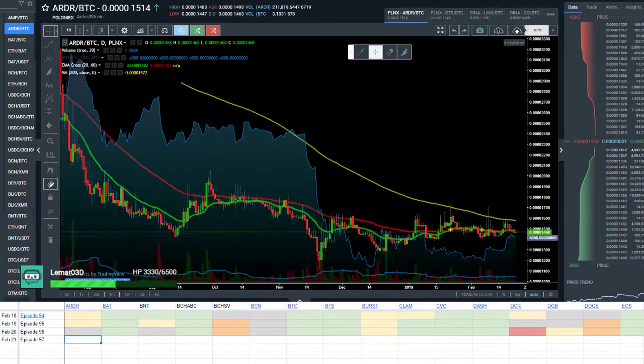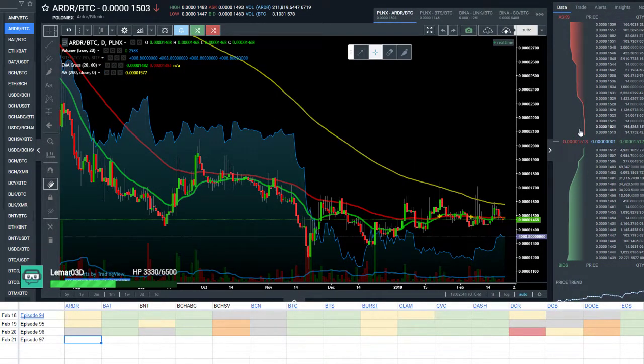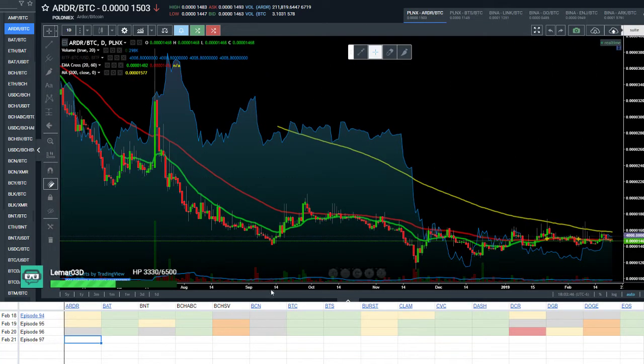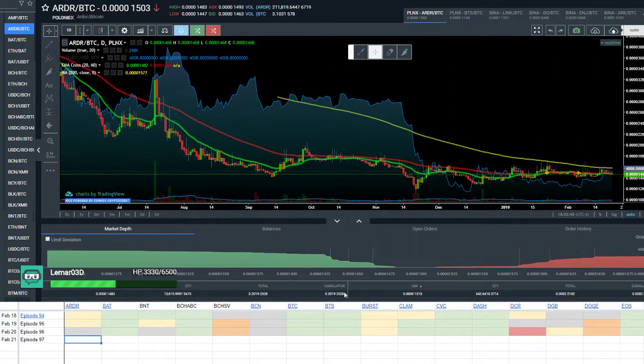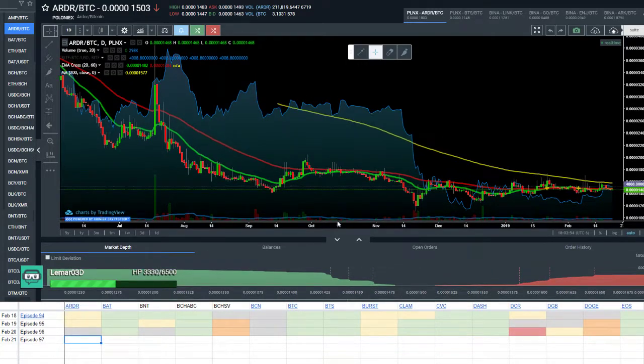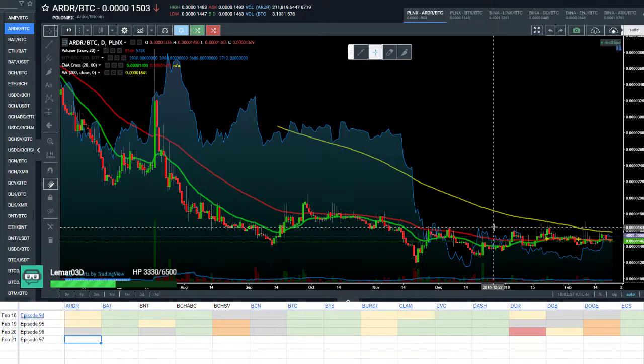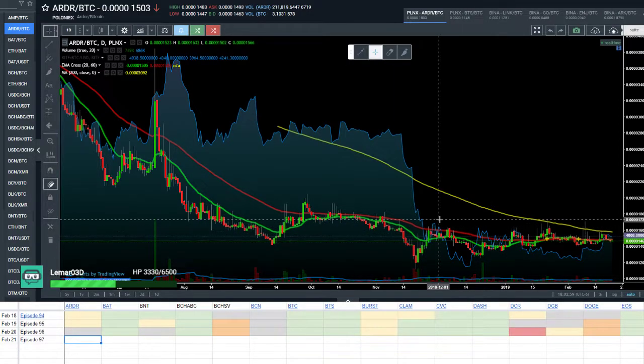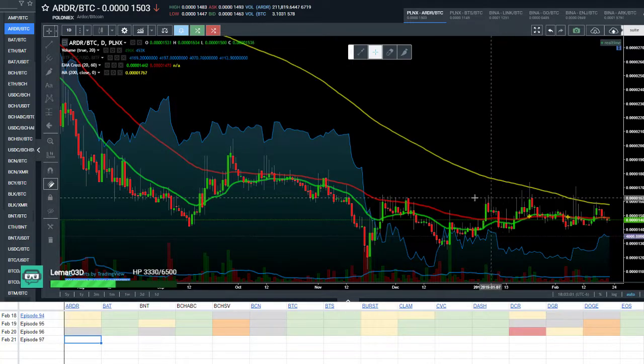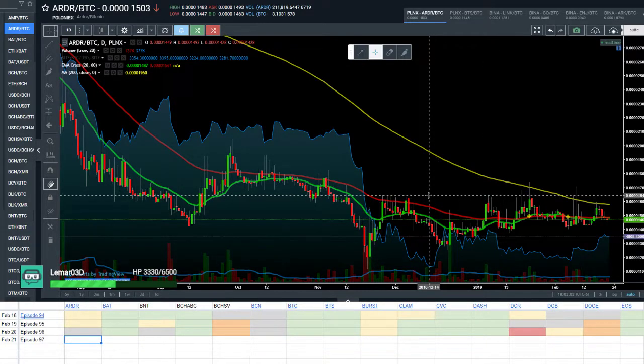We've also got details about the market depth that we can bring up off to the side here. And we've got a panel that we can bring up from the bottom so that we can be seeing the market depth and the open orders. Depending on how you trade, I almost never look at them because it doesn't really affect the longer term trades that I'm looking at doing here.